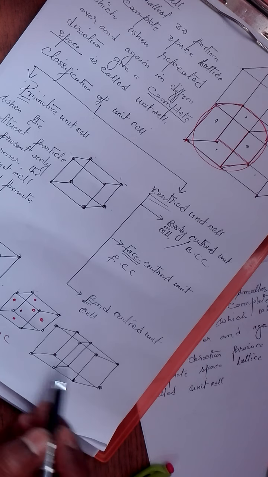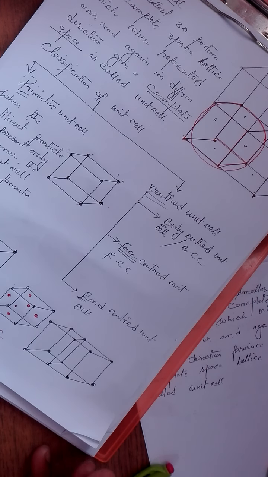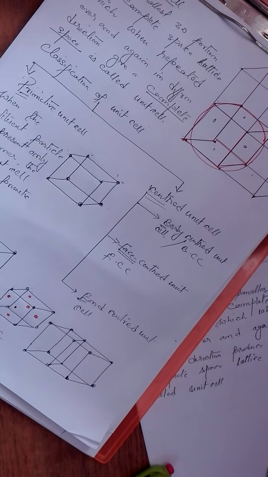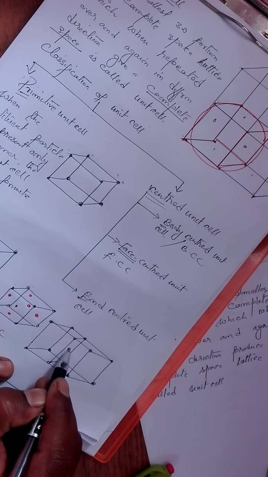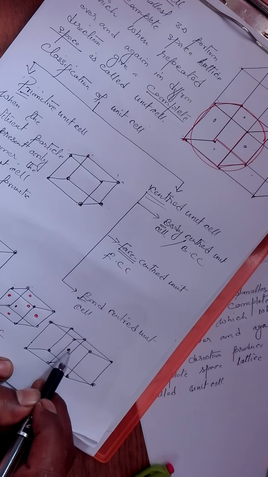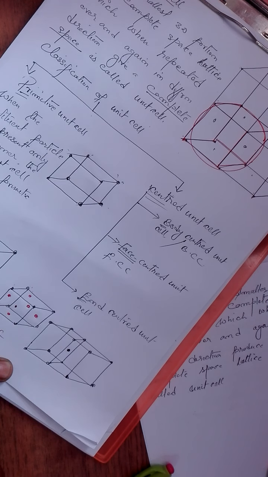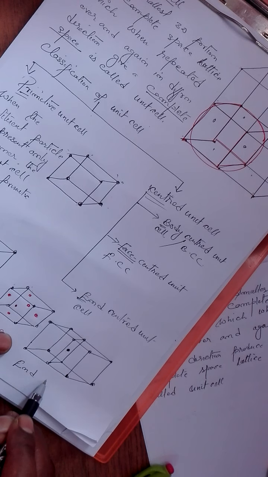But they are present only at the corner. So again, this type of unit cell we will call the primitive unit cell, isn't it? But if it contains one constituent particle at the center of the face which is joining the 2 unit cells, this type of unit cell is known as an end-centered unit cell.